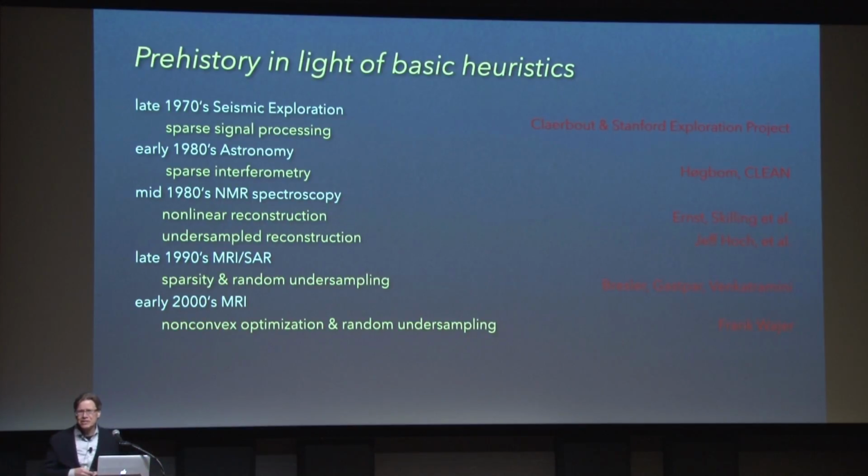Once the basic heuristics were understood, it was possible to go back in the literature of signal and image processing over decades and see that many, many times people came close, where they would come up with one or two of the ingredients that were necessary, and they would propose that those one or two would do the job, sometimes three.